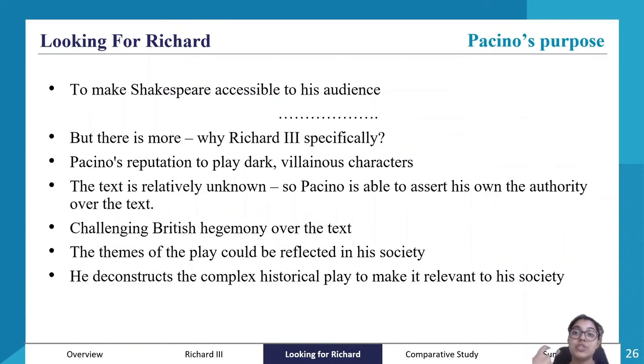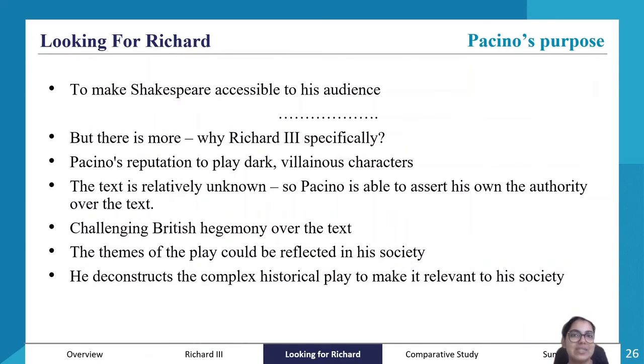In Shakespeare, Richmond kills Richard. With Looking for Richard, what we see is that it's not Richmond killing Richard. It's actually one of the soldiers who shoots the arrow that gets Richard. So it's very, very different. And you could say that a soldier killing Richard in Pacino's work, instead of Richmond, links back to the democratic context.